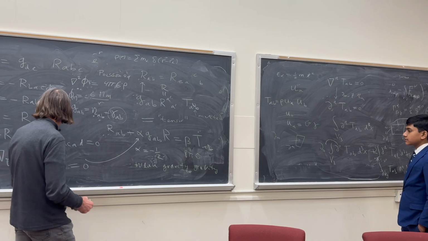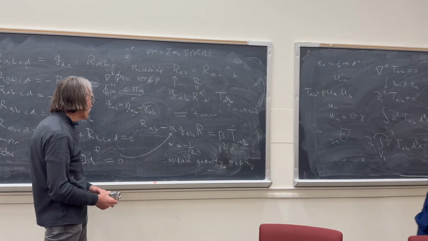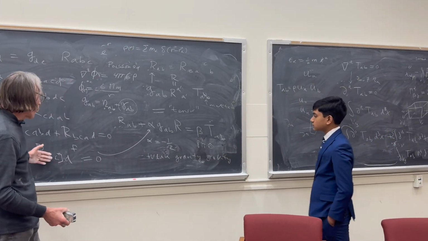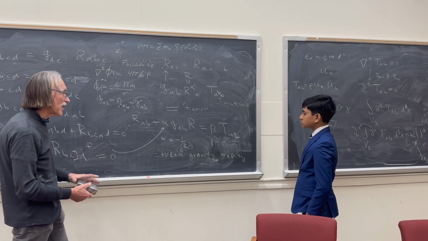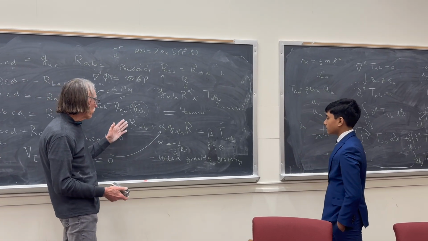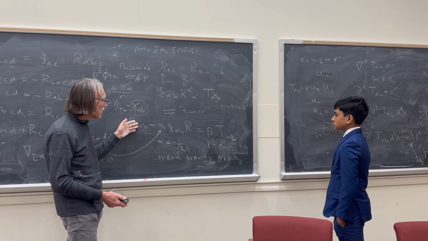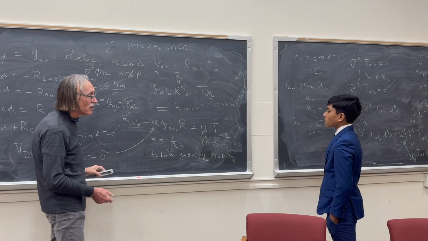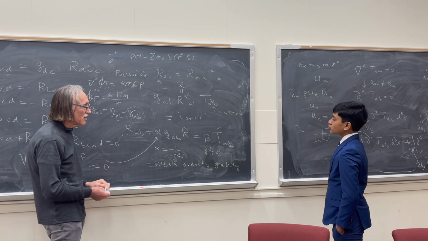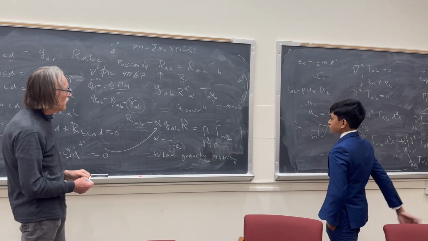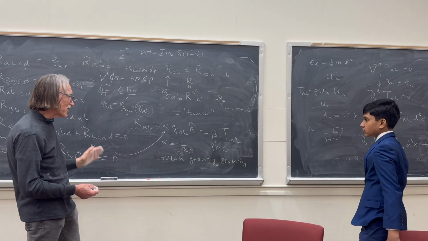That is one thing we didn't show yet. We know that we have this identity, but we can always find coordinates where the covariant derivative of the left-hand side is equal to 0. So there are a number of steps missing.